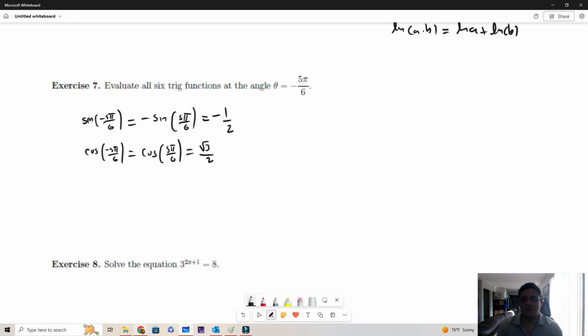Again, you should remember some of your special angles on the unit circle. If this sounds alien to you, then go back and look for special angles on the unit circle. Then you go for tangent of minus 5 pi over 6. But once you have sine and cosine, you have everything, because tangent is sine over cosine.